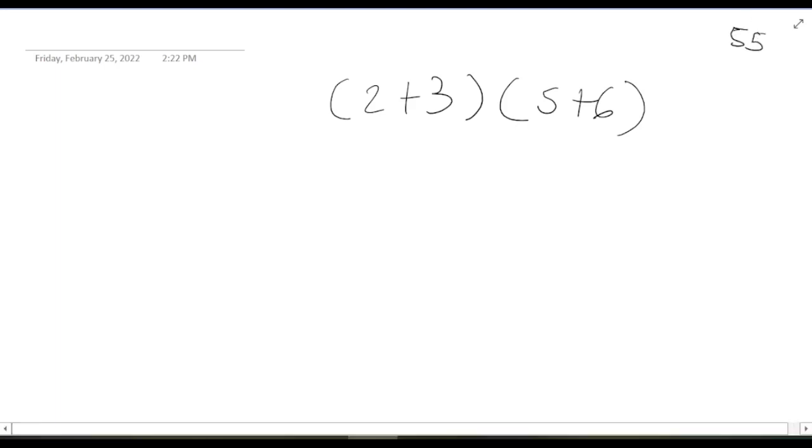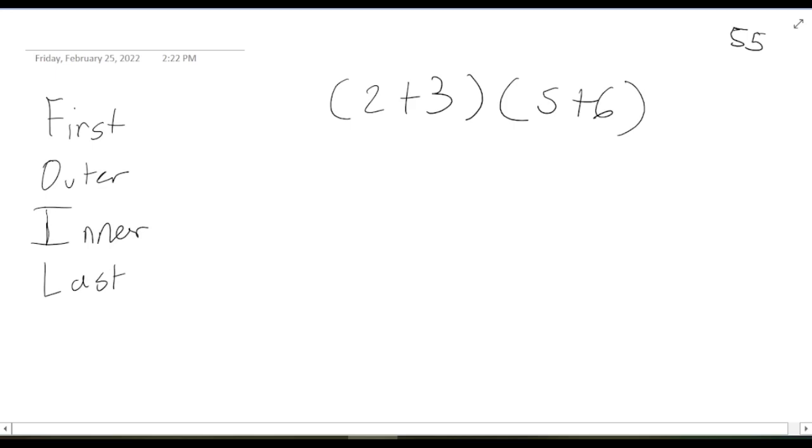Okay, so our first step is to write down on the side FOIL, and this is going to be our key to solving any binomial. Any binomial we have, no matter what it looks like, as long as it has two terms and there's two binomials, we can use FOIL. And what FOIL stands for is first, outer, inner, and last.